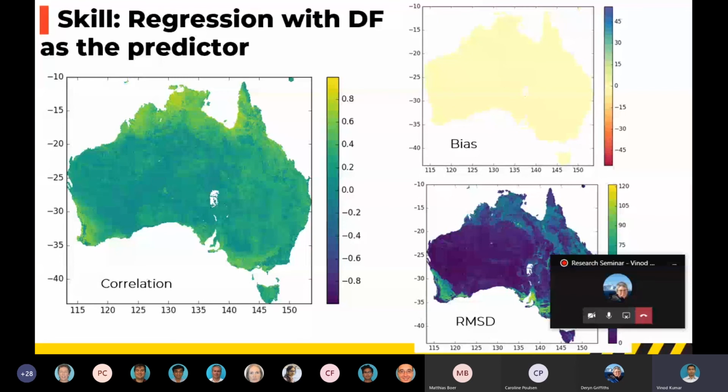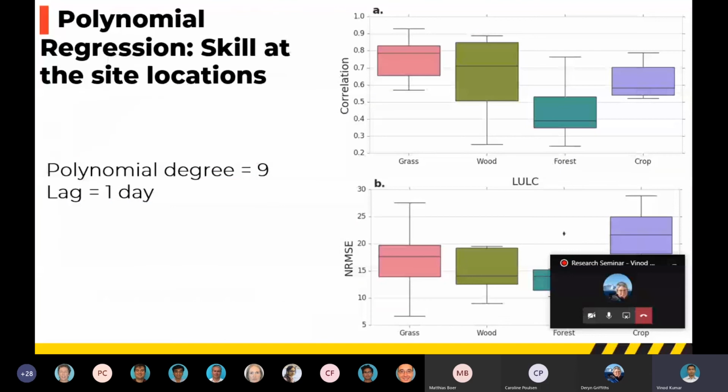So moving back to the soil moisture, again, we can do similar stuff. At each and every site, we could loop through. Basically, as a data analysis exercise, you could loop through different degrees and different lags and identify the polynomial and the lag which gives you the maximum correlation between the observed live fuel moisture content and that predictor from the soil moisture model, a polynomial regression model.